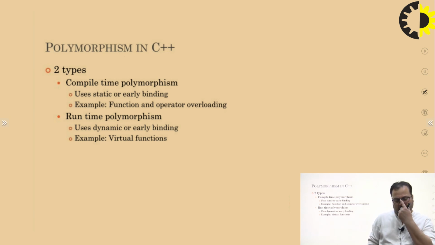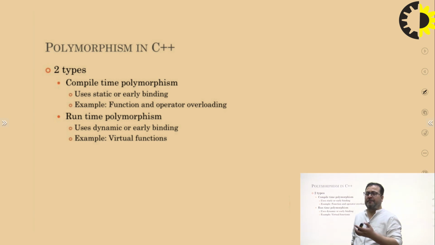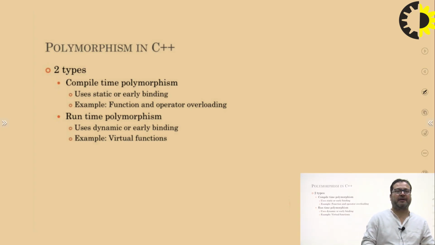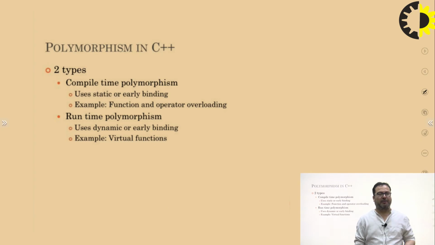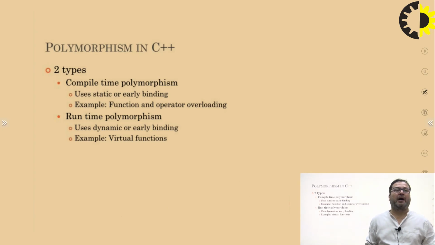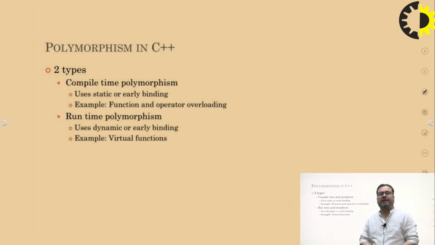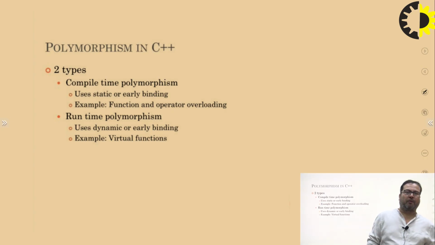Polymorphism is of two types: one is compile time polymorphism and the second is runtime polymorphism. Compile time polymorphism can be achieved by either function overloading or operator overloading.